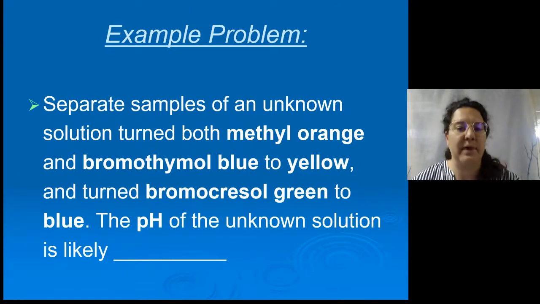So if we separate samples of an unknown solution that turned methyl orange and bromothymol blue yellow and turned bromocresol green blue. So methyl orange and bromothymol blue turned yellow and bromocresol green turned blue.